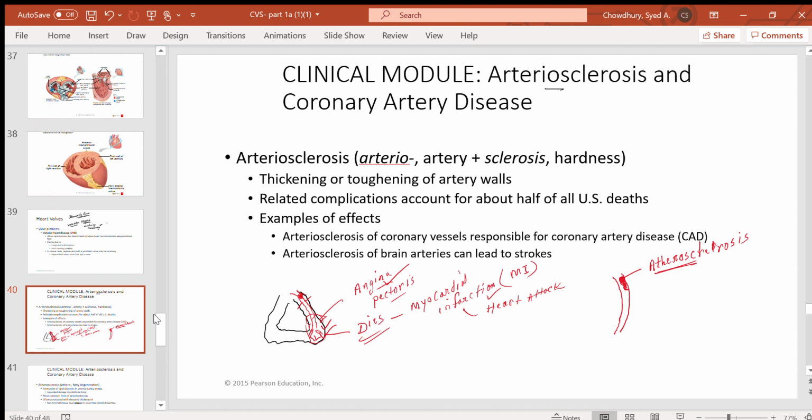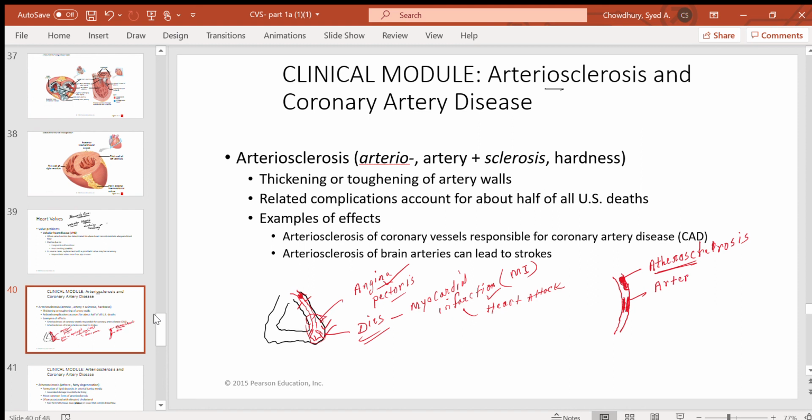Okay. Now, if it is not directly from the fat, but from hardening of the wall and narrowing. Sometimes when we get old, usually this happens, the elasticity in the arterial wall is lost and the arteries get narrow, and the elastic tissue is lost, it becomes fibrous. So that hardening and narrowing is called arteriosclerosis.